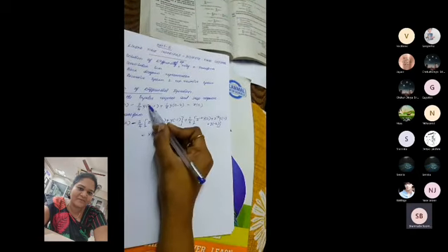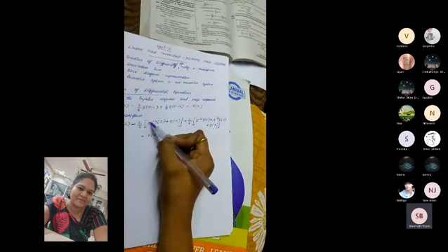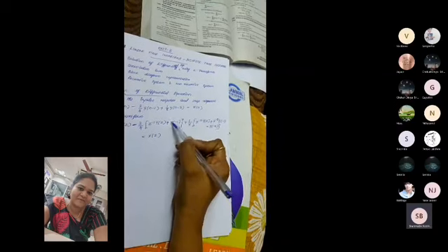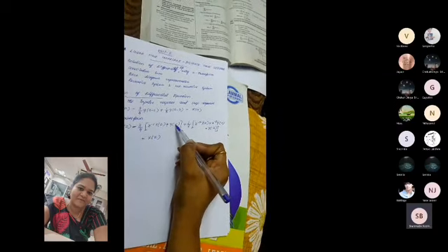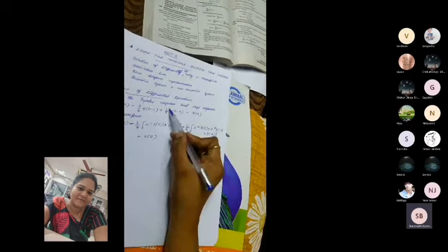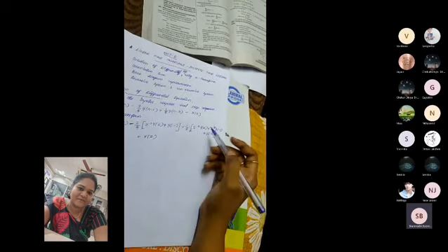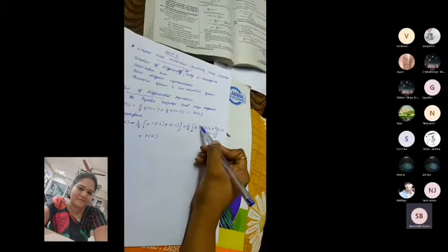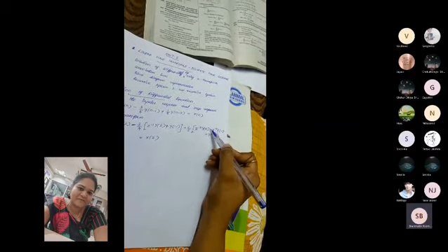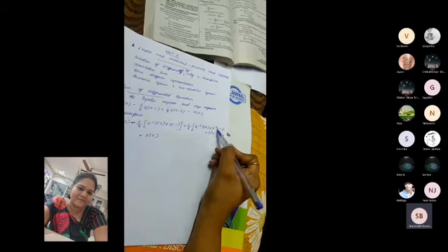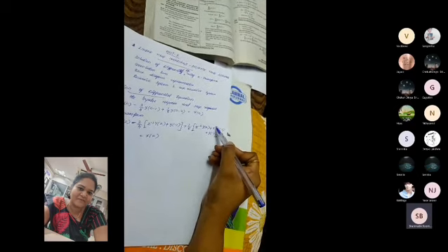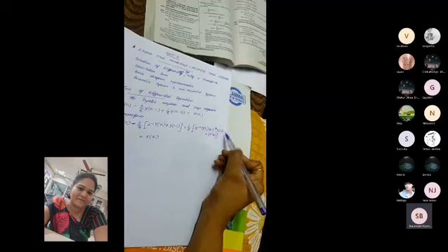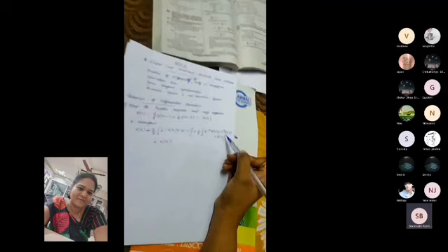So start with y of n minus 1 in the z inverse. After that you have to write y of minus 1. Then applying the Z transform for y of n minus 2, it becomes z power minus 2 y of z plus the initial conditions, z power minus 1 y of minus 1 plus y of minus 2.